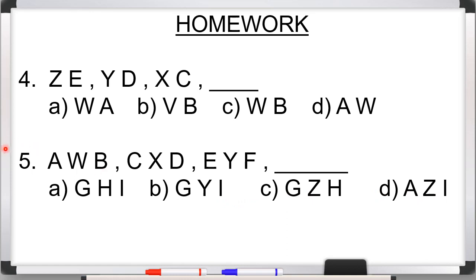Here in question 5 also beta, alphabet series sequence is given. You have to find the missing term out of these given four options. You need to select the correct option. You have to do homework carefully.